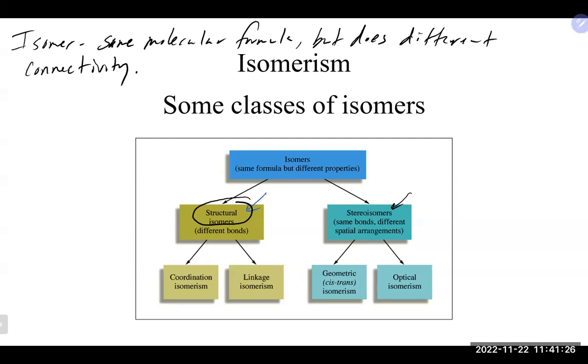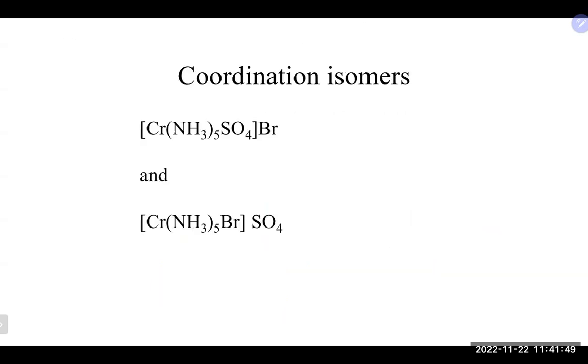Although everything is connected up the same way, the bonds are arranged differently in 3-dimensional space. That gives rise to 2 types of stereoisomers, one known as geometric, which gives rise to cis or trans isomers, or optical isomers, which have the ability to rotate plane polarized light. So let's take a look at some of these different types of isomers.